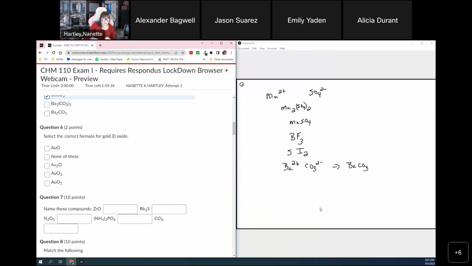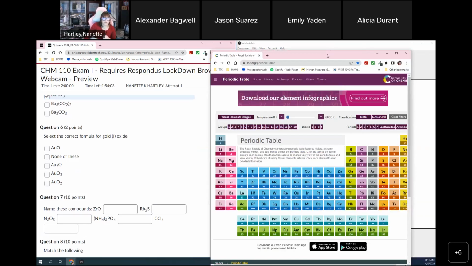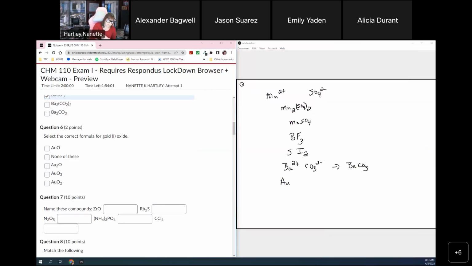Correct formula for gold 1 oxide. Okay. Gold is Au. He's here in the middle. He's right there. That's gold. So he's Au. He's listed as gold 1. That means his charge is +1. He's with oxygen, who's an O2 minus.